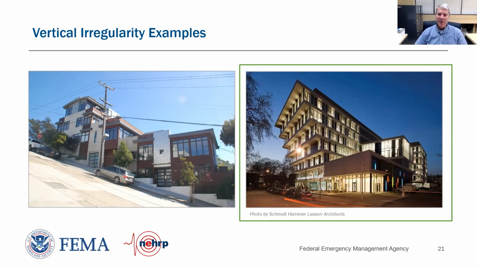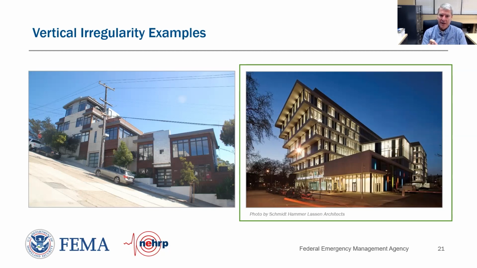And so we have quite a few vertical irregularities here. The point being for this particular building that has multiple vertical irregularities associated with it, it has a severe vertical irregularity. And so that is the only modifier that we would select.